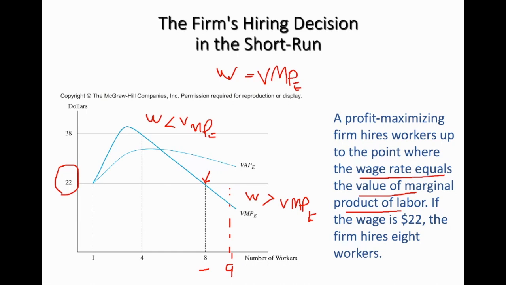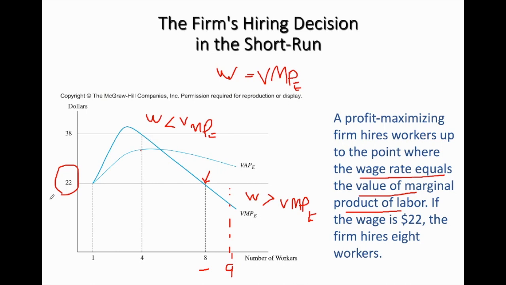The per worker contribution to the firm is less than the wage. The firm loses money and leaves the market. Therefore, if the wage rate is too high, that means at this point we find that the wage rate is more than the value of average product of worker. Our firm actually is making a loss here. We are not actually hiring this worker because the firm may leave the market.